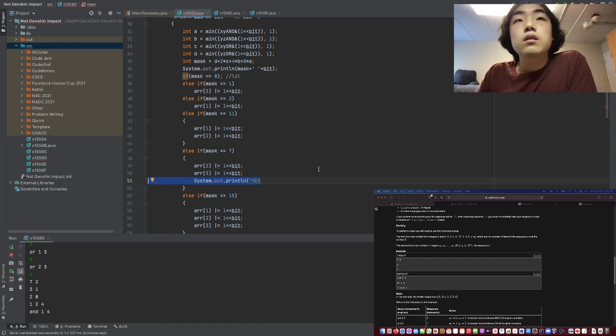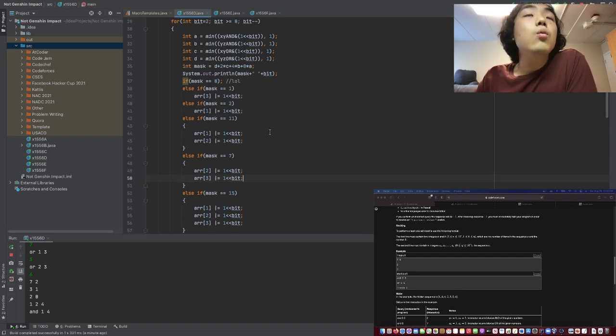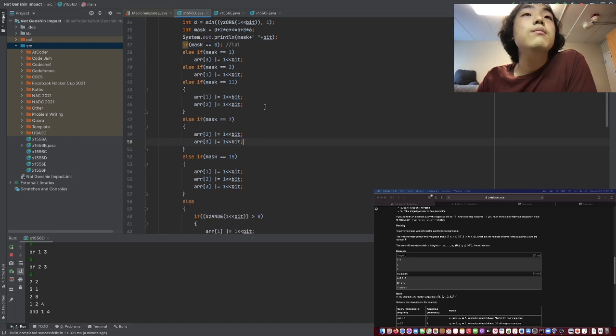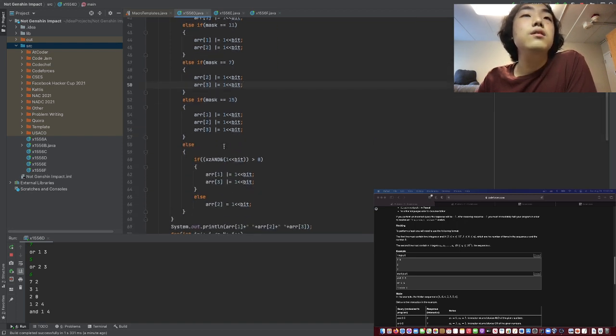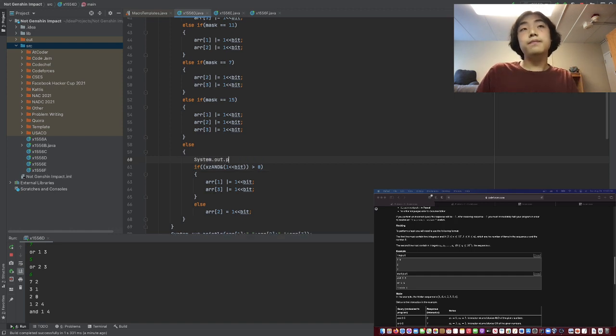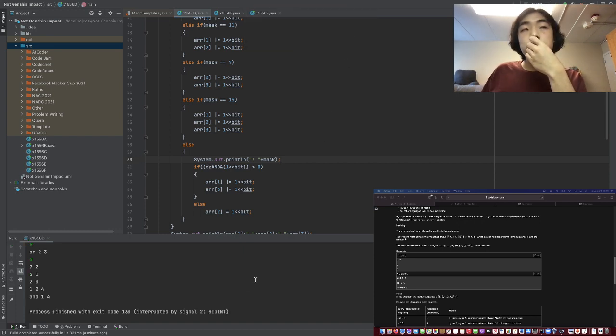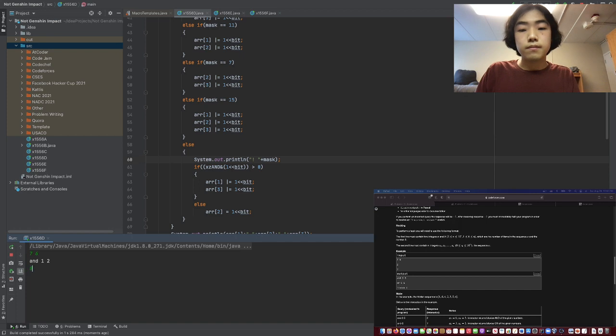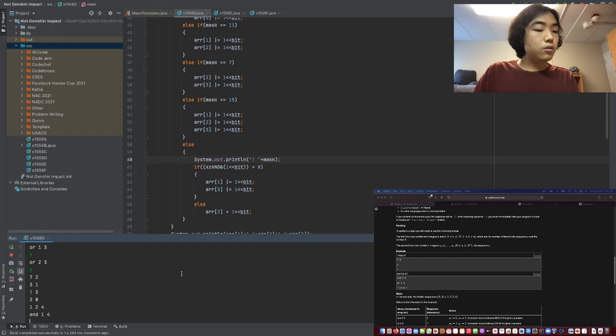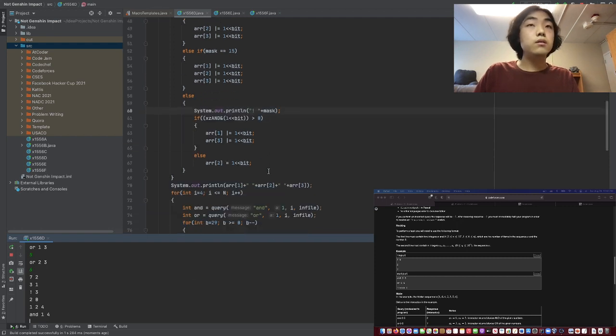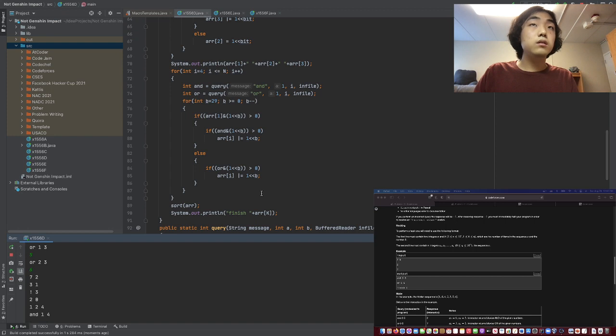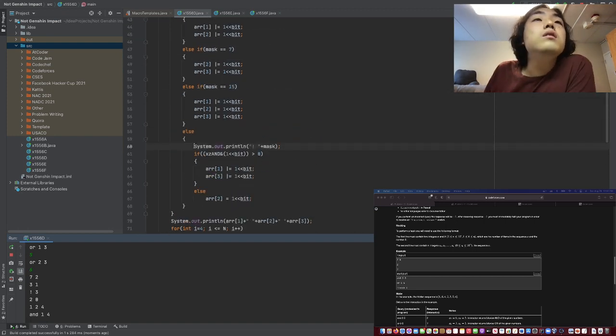Wait, if mask is equal to 1 left shift 2, else if mask is equal to this, else if at this, else if at this. Okay, 0, 0, 4, 7, 5, 6. Mask is equal to 3. Yeah, it's always equal to 3.